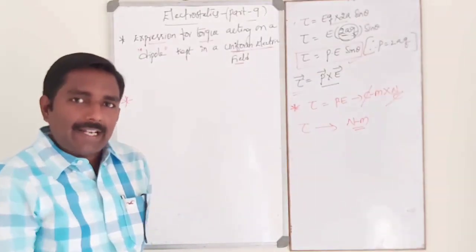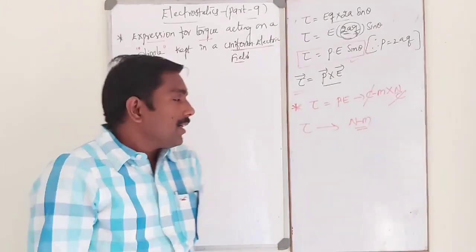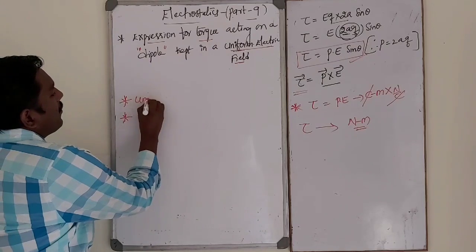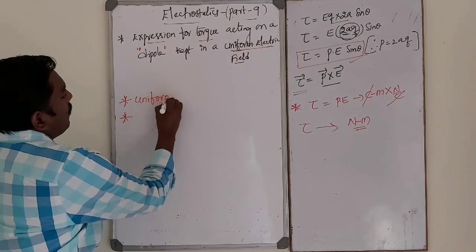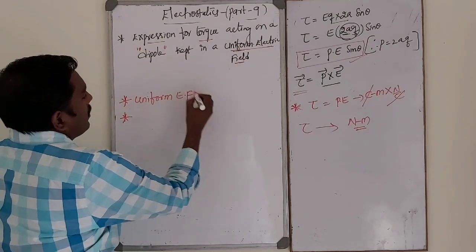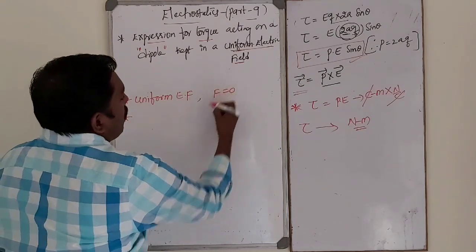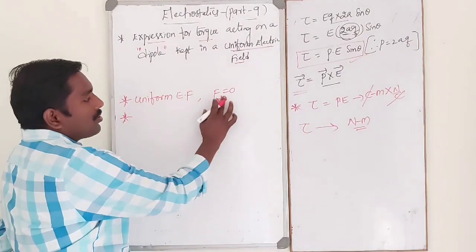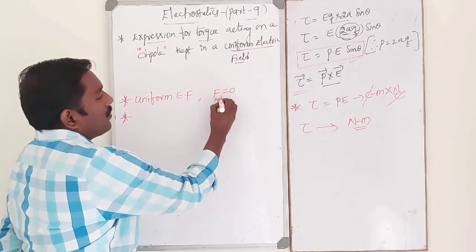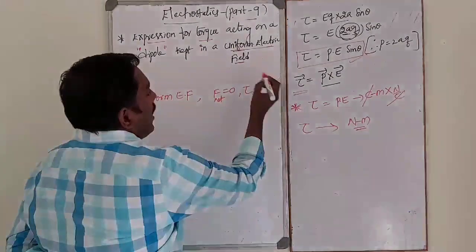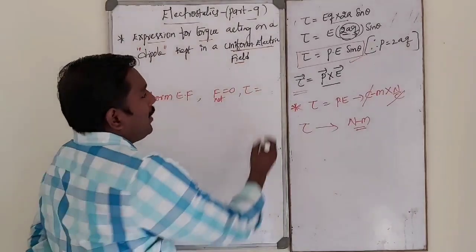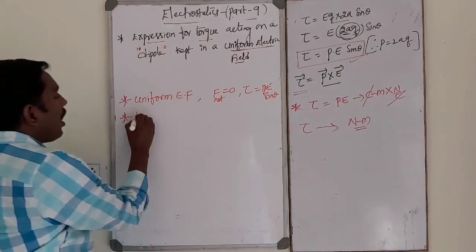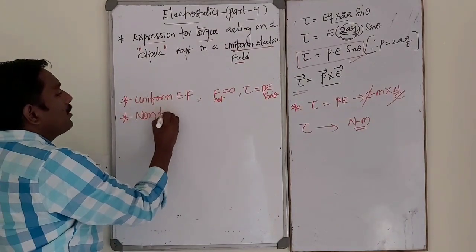In a uniform electric field, the net force will be 0. Please remember it. Torque is there, some value, P E sin theta.